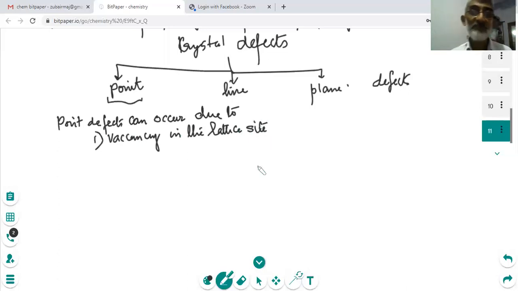That is the first one. Second, shifting to interstitial positions.